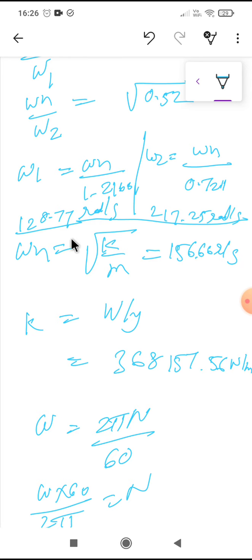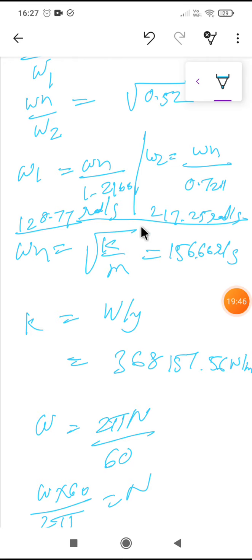So you can find the speeds also for natural frequency omega n, omega 1 and omega 2. So nn you will get 1496 rpm, n1 you will get 1229.68 rpm, and n2 you will get 2074.65 rpm.